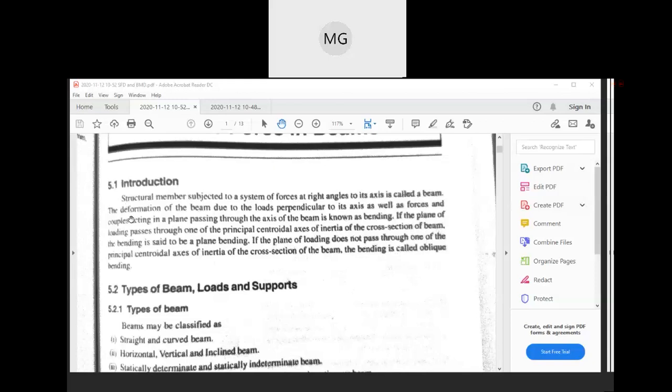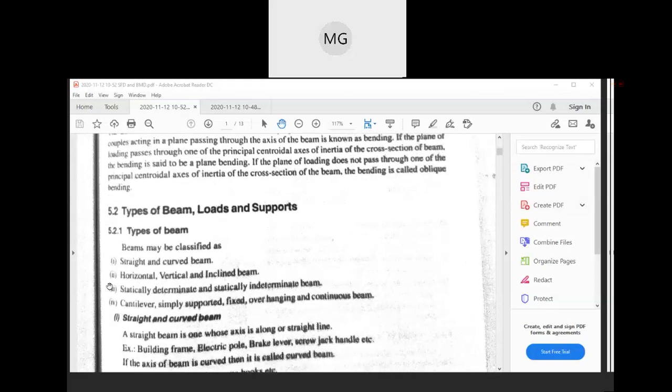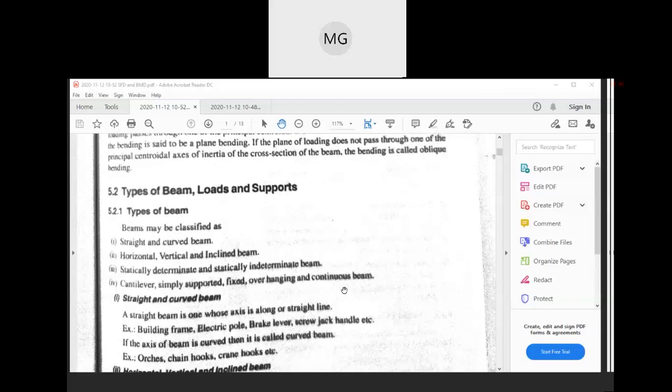Okay. Now types of beam. Here are straight and curved beams, horizontal, vertical and inclined beams, statically determinate and statically indeterminate beams, cantilever, simply supported, fixed, overhanging and continuous. In our syllabus we solve problems based on these conditions.